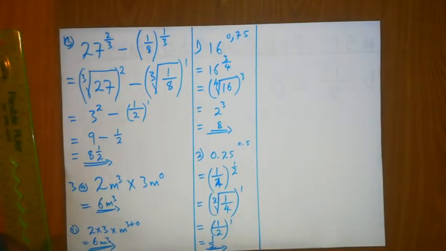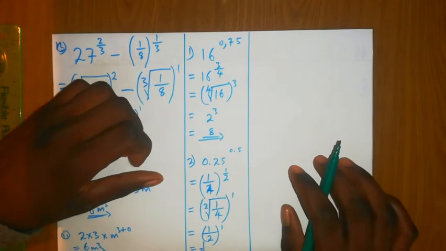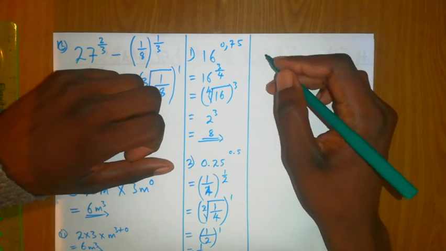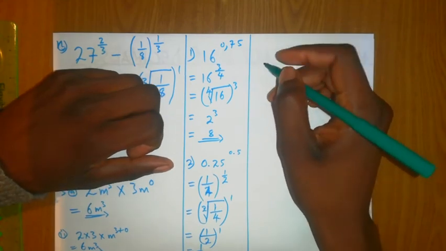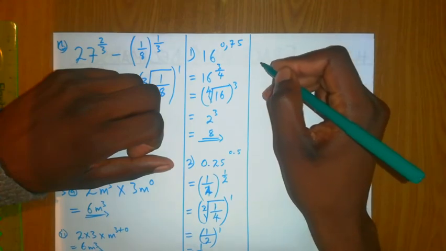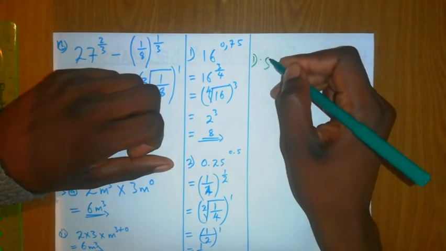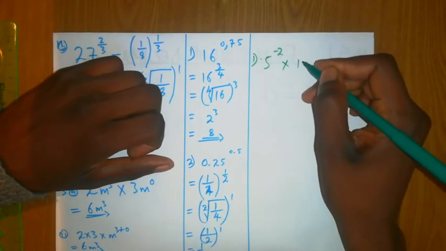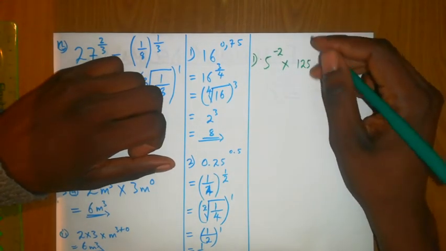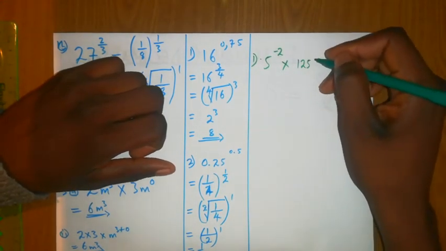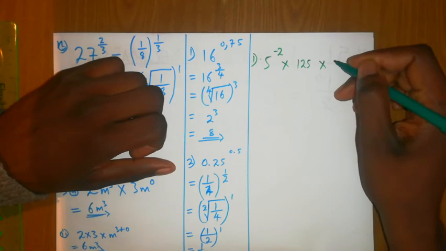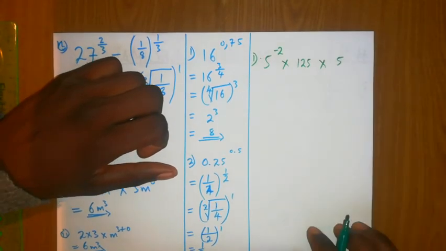It appeared in November 2007, even though I'm not so sure of the actual number, which was saying evaluate: 5 to the power -2 times 125 times 5, just like that.